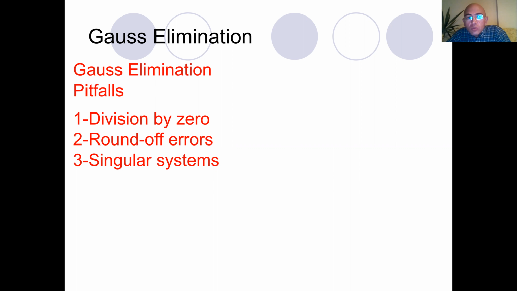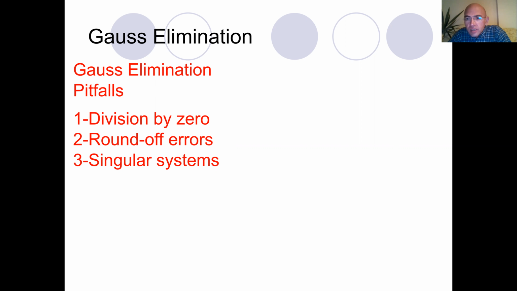Certainly, Gauss elimination has some pitfalls. One is division by zero. So remember that we choose a pivot equation and then pivot variable, and we take the coefficient of it. Sometimes it can be zero.